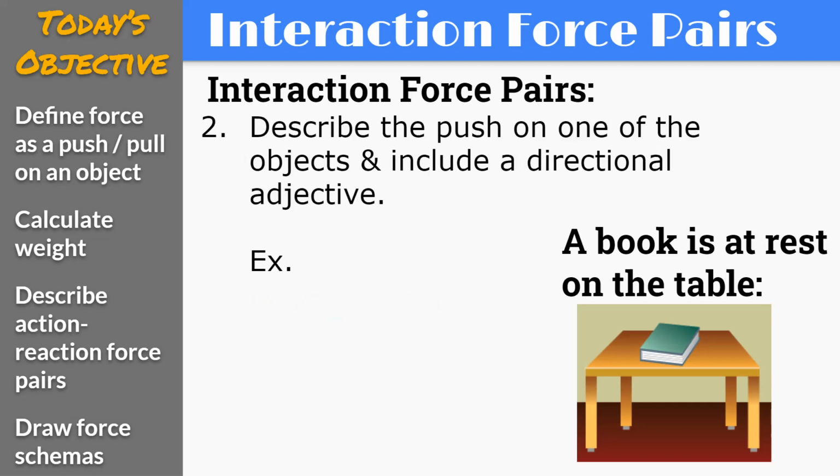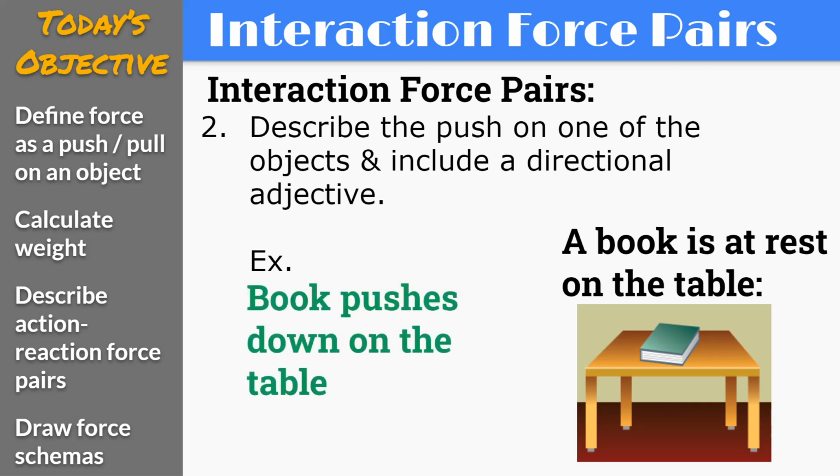Step two of identifying your force pair is to describe the push on one of the objects. It could be push or pull, and include a directional adjective. Something like this: the book pushes down on the table. I used the word push, though it could be push or pull. I have a directional adjective, down, and I have my two objects.